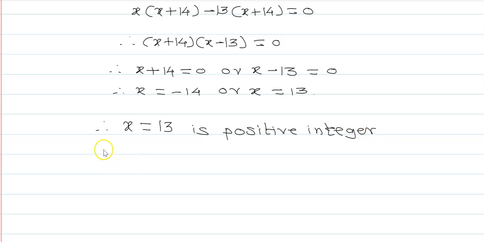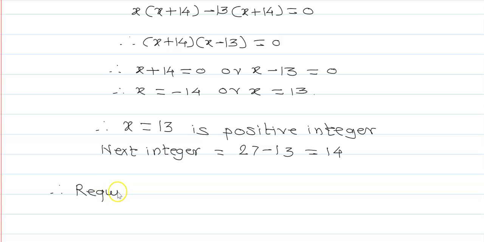Therefore, the next integer is equal to 27 minus 13, that's equal to 14, and therefore the required integers are 13 and 14.